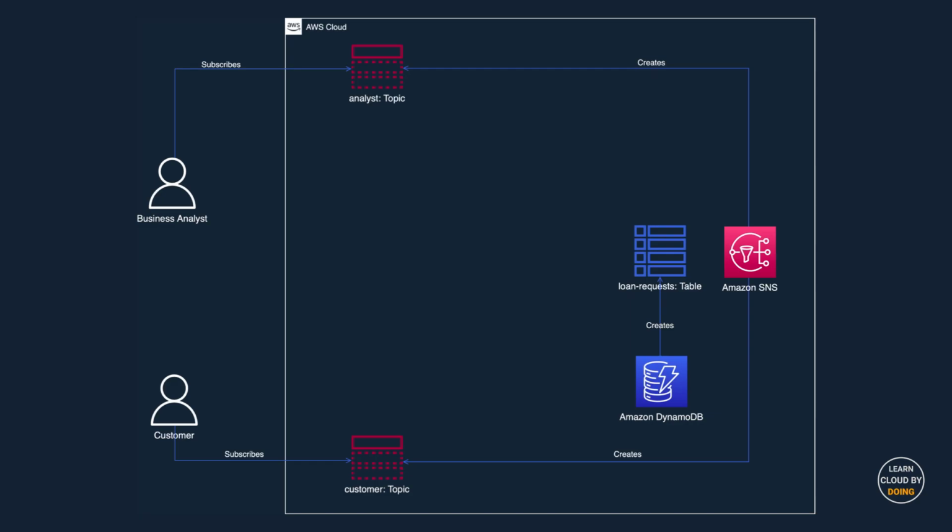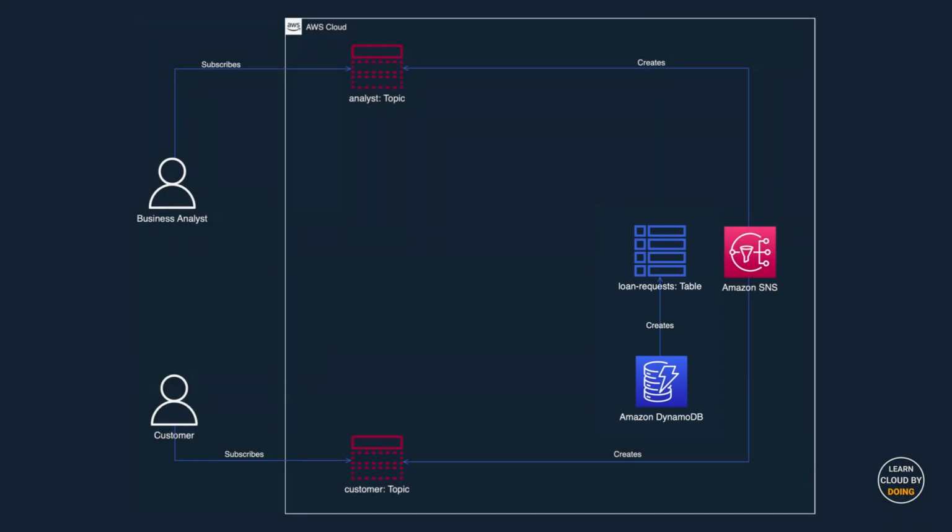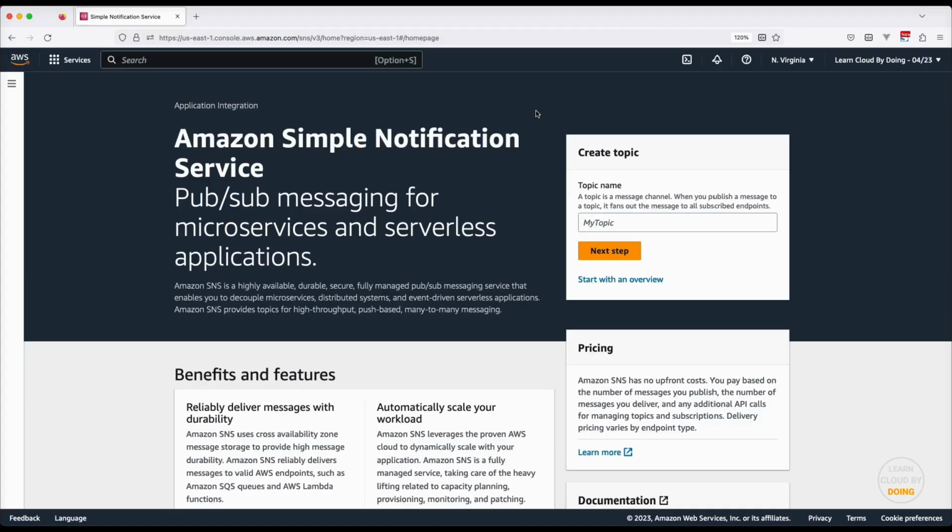Second, you create a DynamoDB table. This table stores only approved loan requests. Head over to the Amazon SNS console and create 2 standard topics, one for each actor in our project.